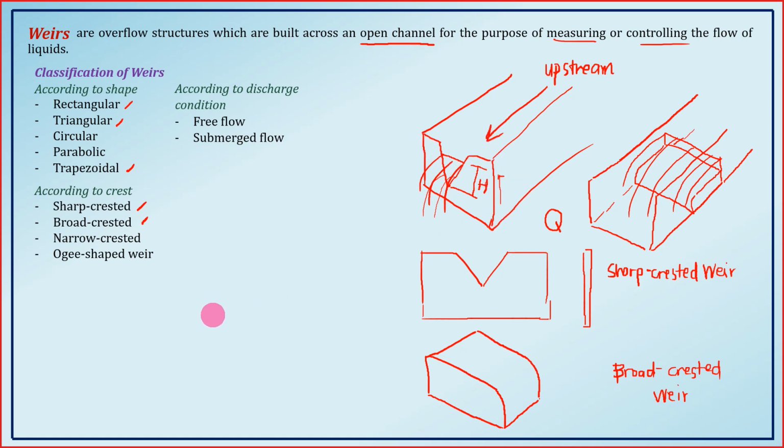So, kapag submerged, let's draw the side view. So, let's say we have the channel bed. Ito yung channel bed natin. And we have our weir there. Then, this is a weir na rectangular na buong width natin, rectangular lang talaga na wala siyang butas.